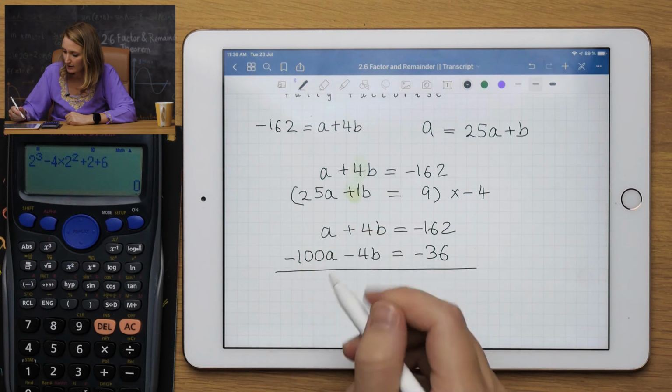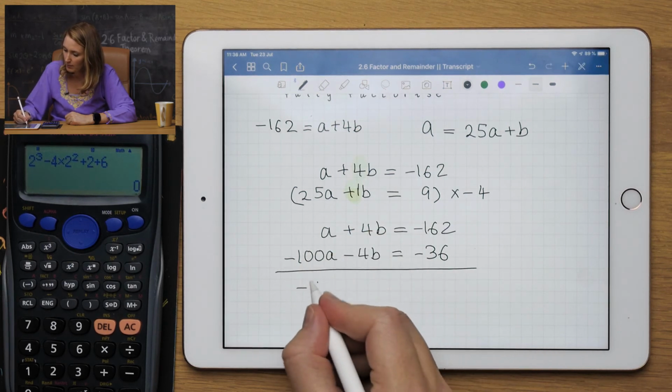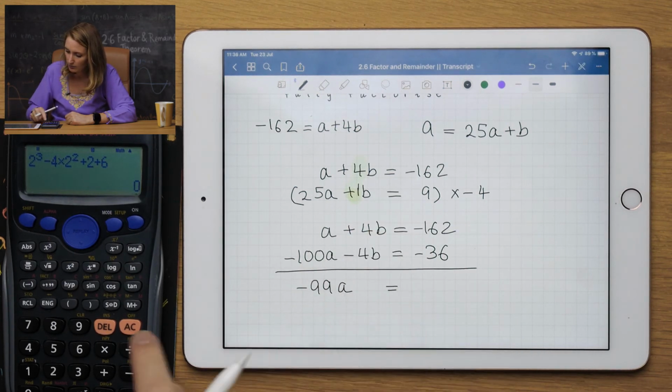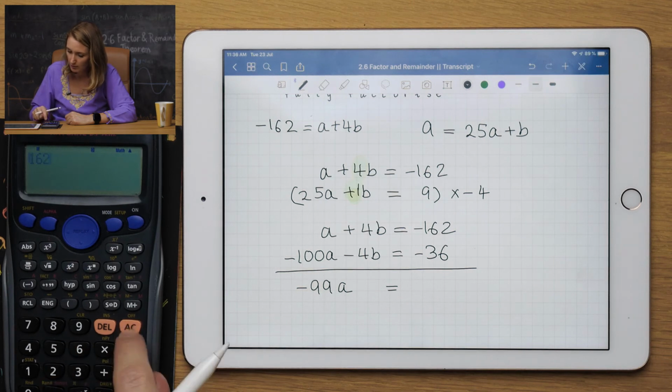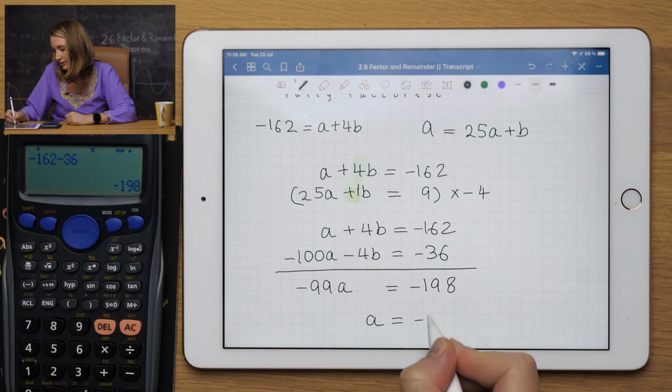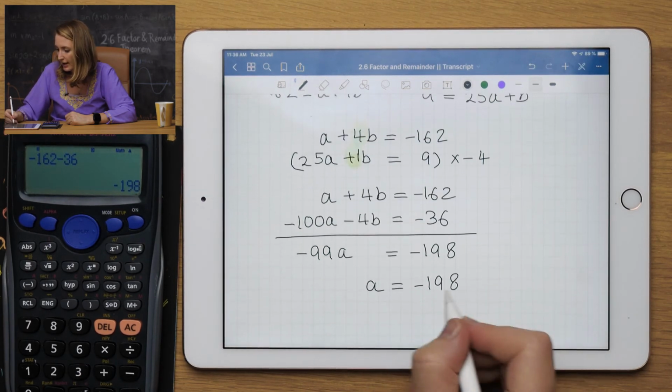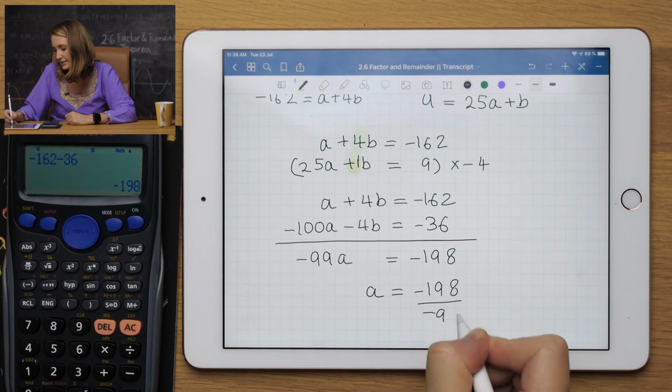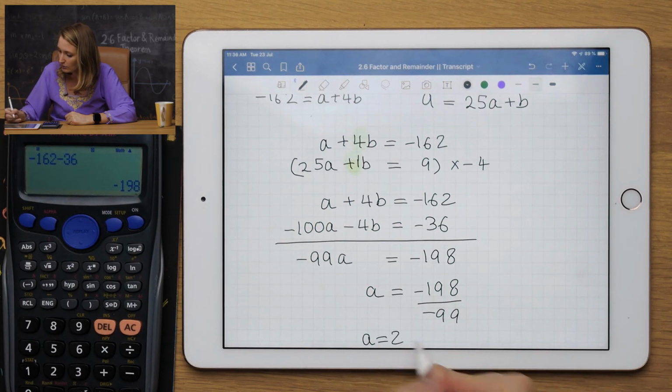Okay, so a take away 100a would be minus 99a equals minus 162 minus 36, minus 198. So now you just need to divide minus 198 by minus 99, and that will give you a is equal to 2.